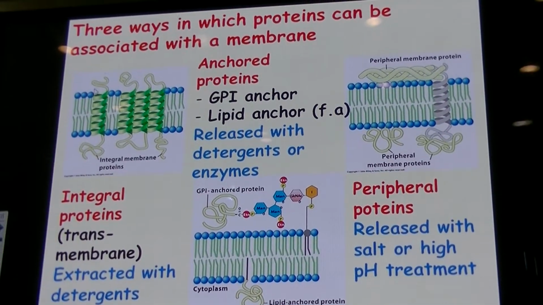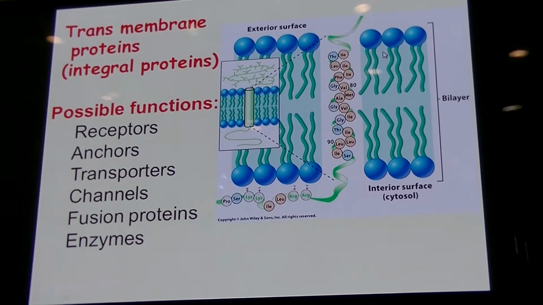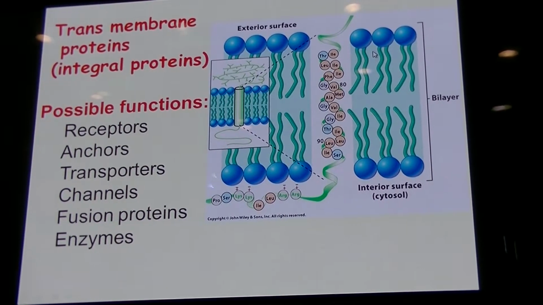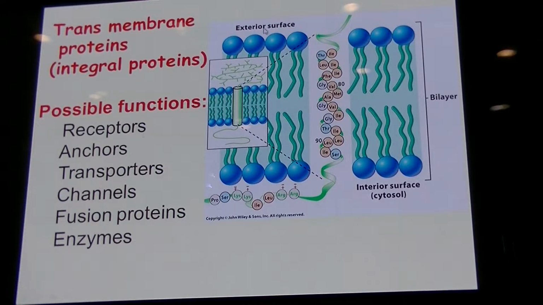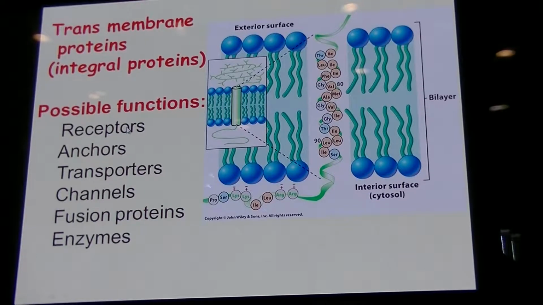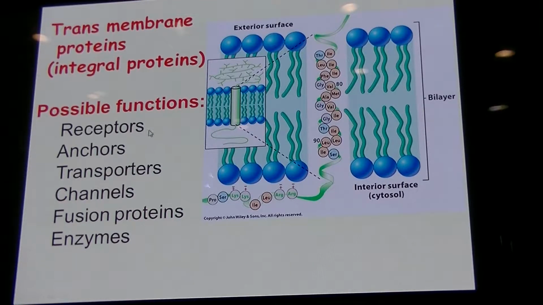We are most interested in the integral proteins. If we think about them, we can ask what their possible functions are, and there are many. One is to be a signaling molecule that communicates with the outside of the cell, a receptor.